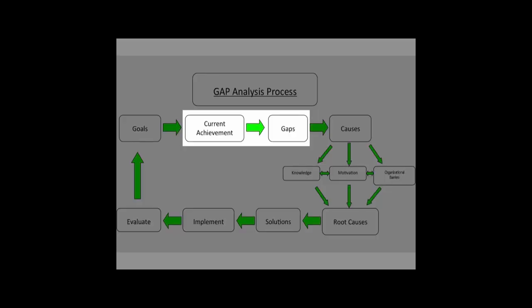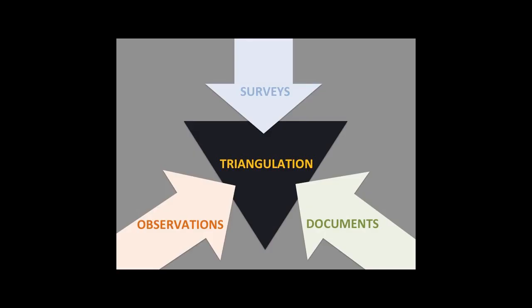So the next step in the gap analysis process then is measuring what is the current achievement of that goal, and then what is the gap. For this, you need to collect data. You need to collect data through a number of methods, measures, through surveys, document analysis, or observations.